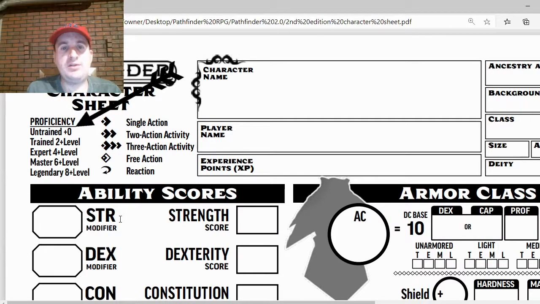Next up, we have the proficiency bonus. This is hugely important because this will apply to just about everything your character can do in one way or another. There are 5 different levels of proficiency: untrained, trained, expert, master, and legendary. Each of these proficiency levels determines how skillful you are in whatever they apply to.